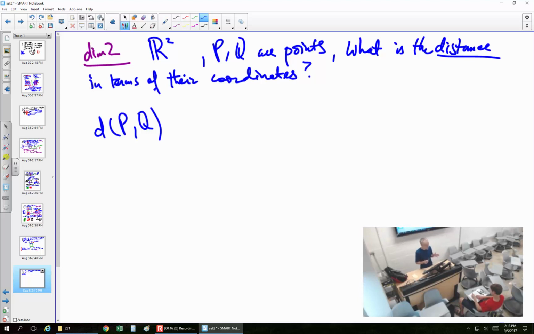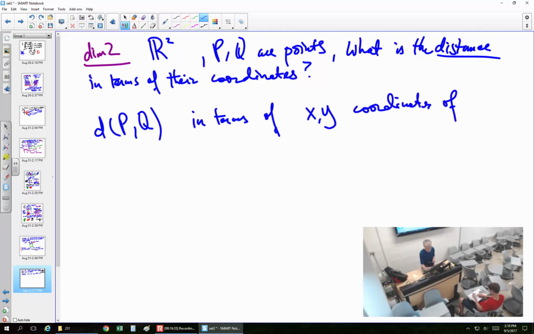It's nothing but the distance between two points, and they are expressed in terms of x, y coordinates of P, and say u, v coordinates of Q. Okay, so that is the question. The answer you know. So what's the answer?